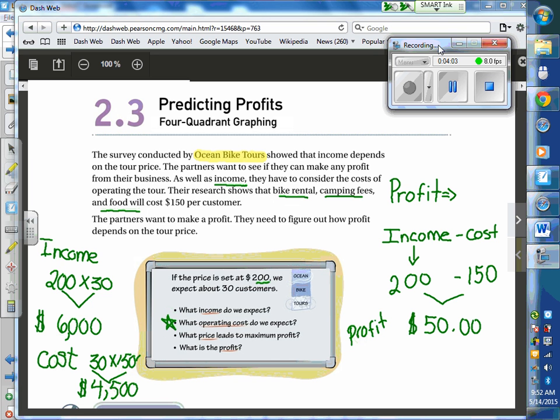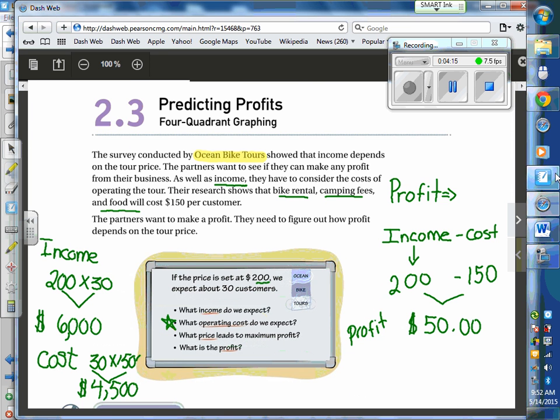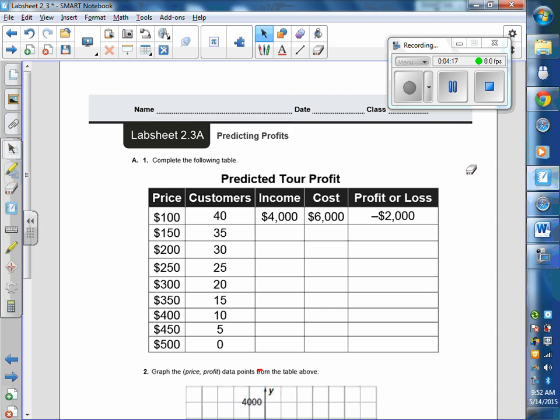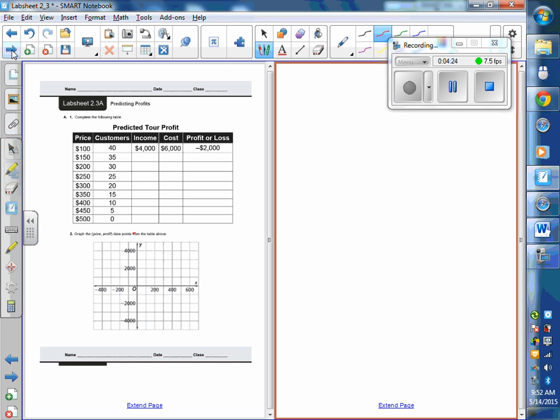So our profit for this, scroll this down here, is going to be the difference. I'll have to bring it to a separate page here. Our profit is equal to the income minus the cost.